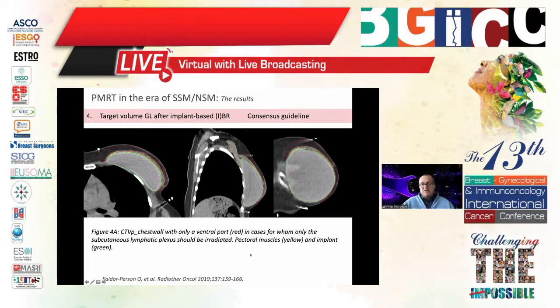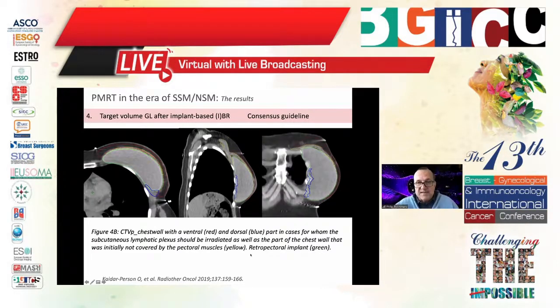Then you have patients in which the primary tumor was deeply seated or other high risk factors for having involvement via the deep lymphatic plexus. And in that case, you have to contour also this one. And of course, in this case, it will be very difficult to spare the prosthesis.